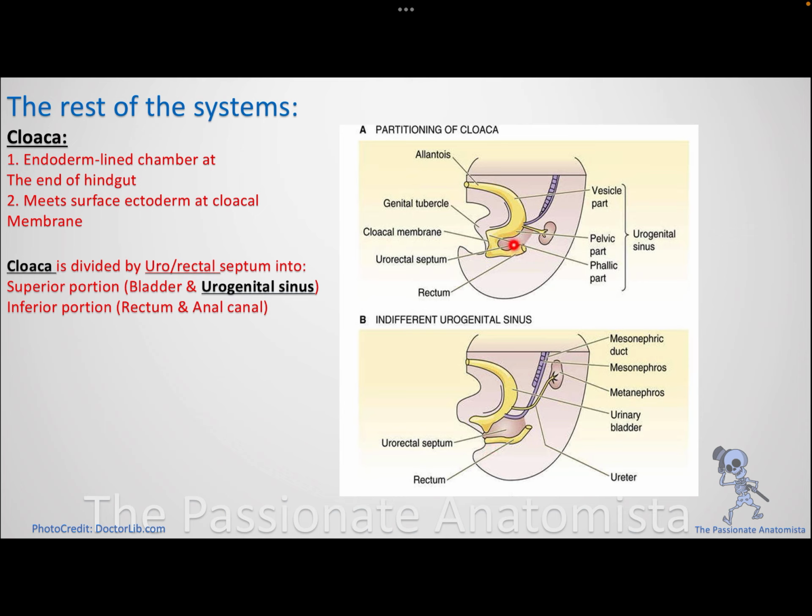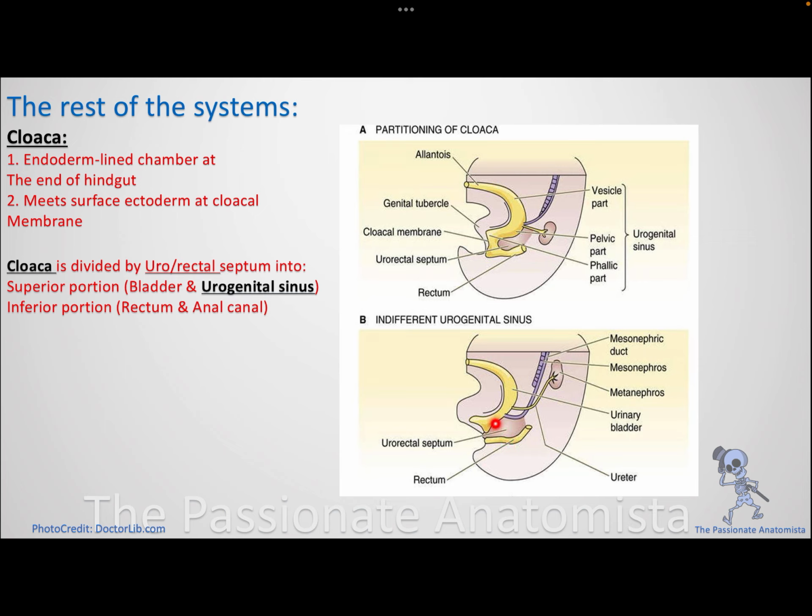So I had a chamber at the end of the hindgut, endoderm, all right? And with the septum, it divided the cloaca into the urogenital sinus and the rectum and anal canal.